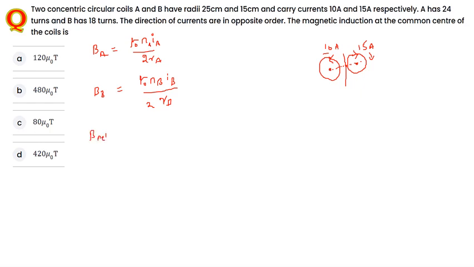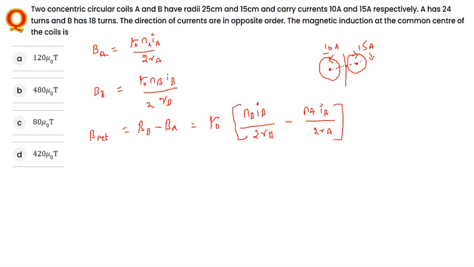B net is equal to B_B minus B_A. Substituting, mu naught is common, so take it out: mu naught into N_B I_B divided by 2 R_B, minus N_A I_A divided by 2 R_A.